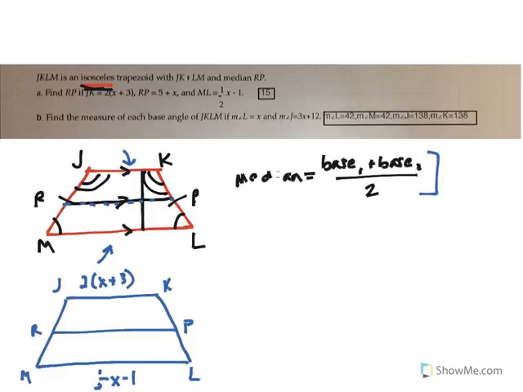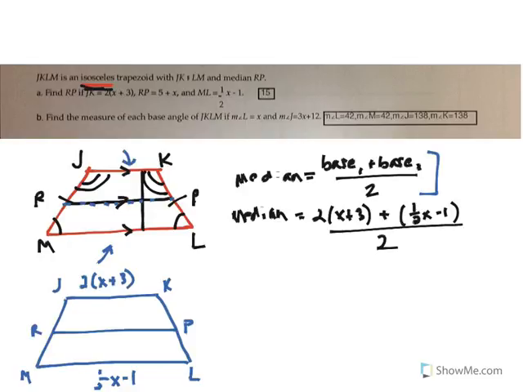So let's look at the formula up here. We're trying to find the median because the median is RP. And we know the first base is 2x plus 3. And the second base is 1/2 x minus 1. And those are all going to go over 2. They tell us here that RP is 5 plus x.